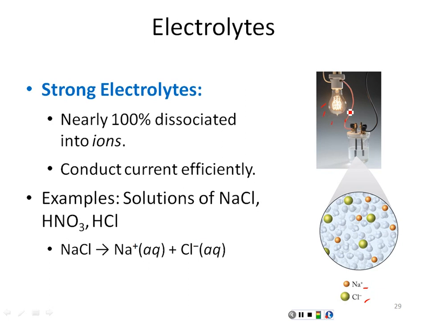So strong electrolytes are, for the most part, 100% dissociated into ions. An example of that is sodium chloride. Other examples are HNO3 and HCl. So in sodium chloride, it's going to be 100% sodium and chloride ions in water.